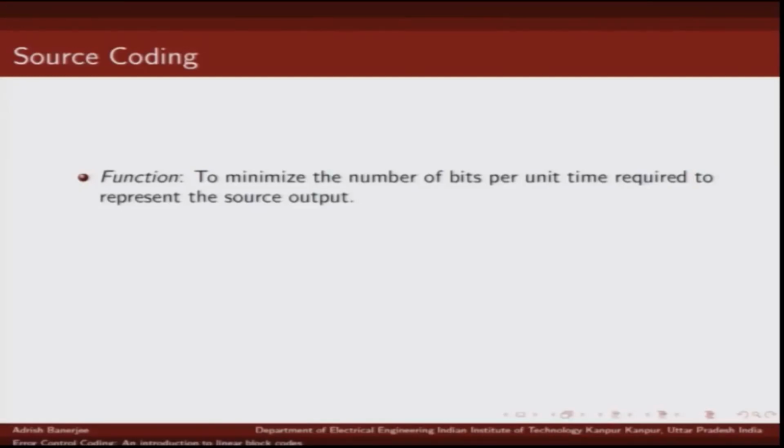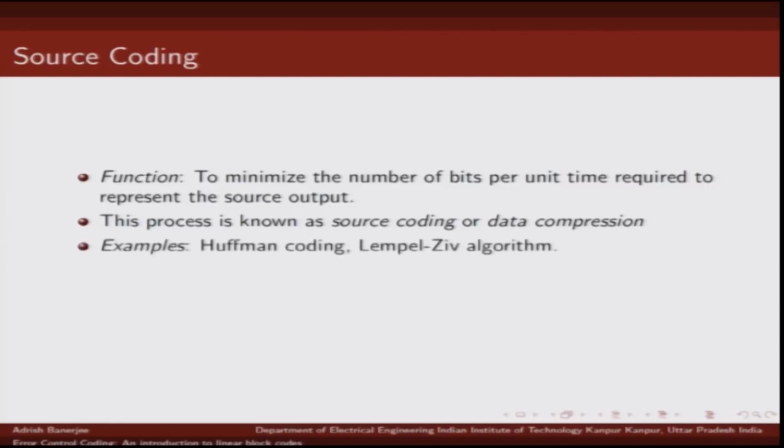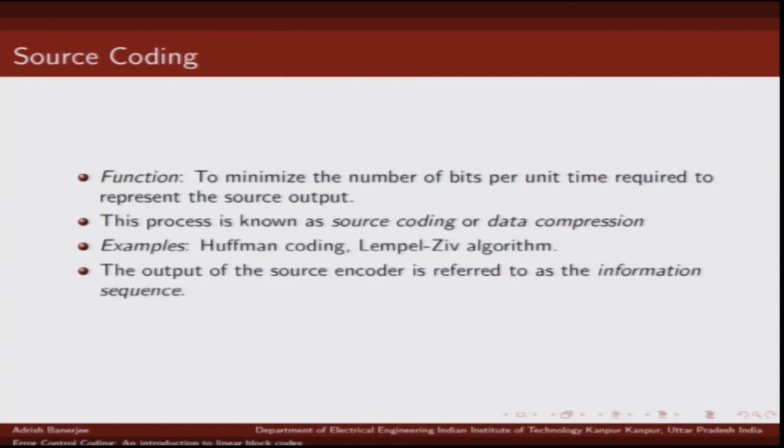That is the objective of the source encoder, which does data compression. Some examples of data compression techniques are Huffman coding and the Lempel-Ziv algorithm. We will not be talking about these because they are topics of interest in information theory. We will restrict our discussion to coding theory topics in this course.